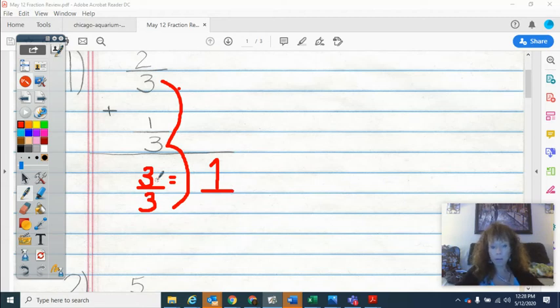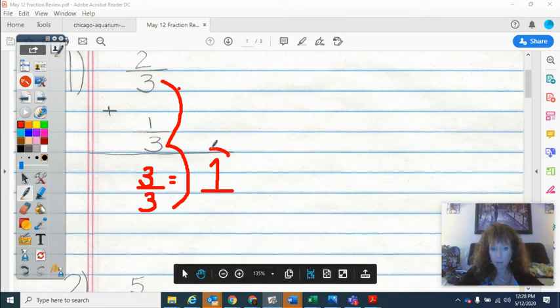Okay, so 3 divided by 3 is equal to 1. 3 out of 3 is equal to 1 whole. So 2/3 plus 1/3 is equal to 3/3, and that simplifies into 1 whole. And that is the best answer.